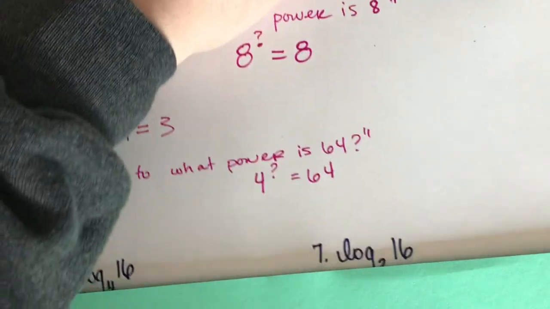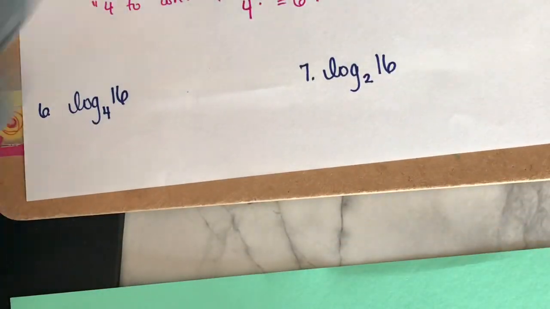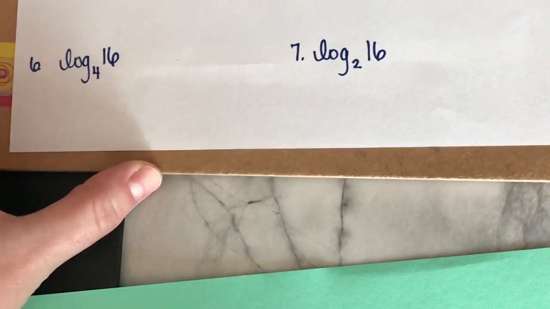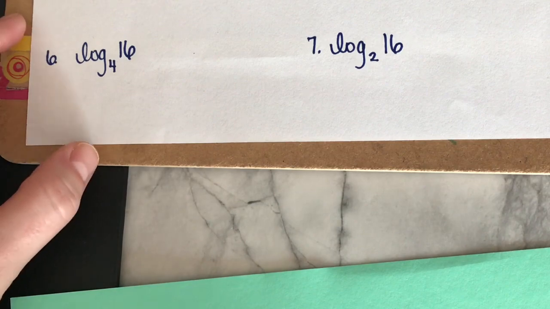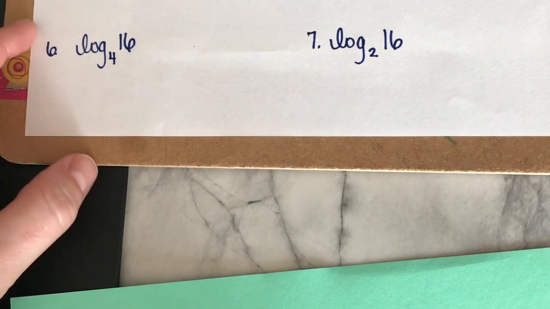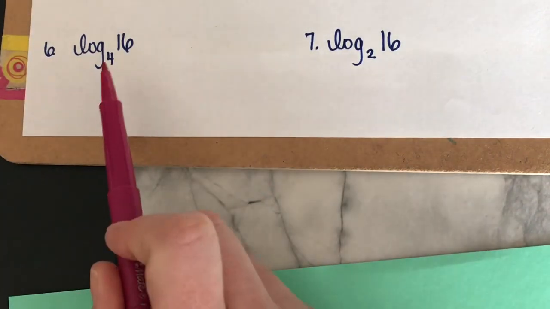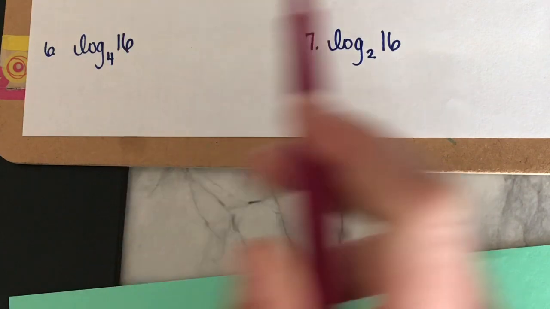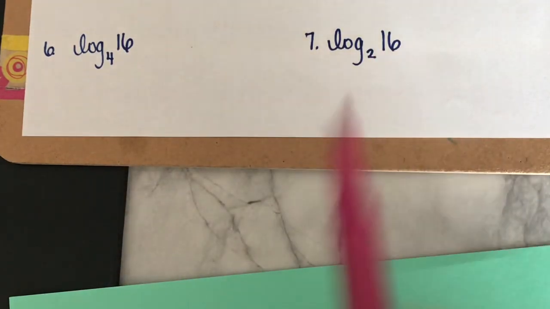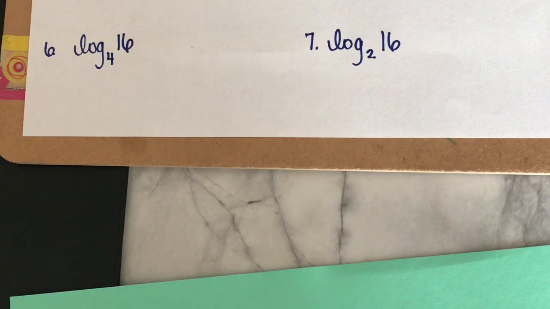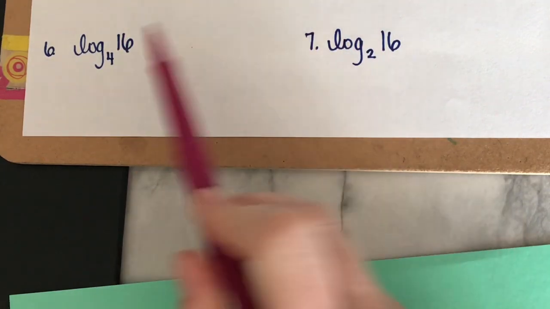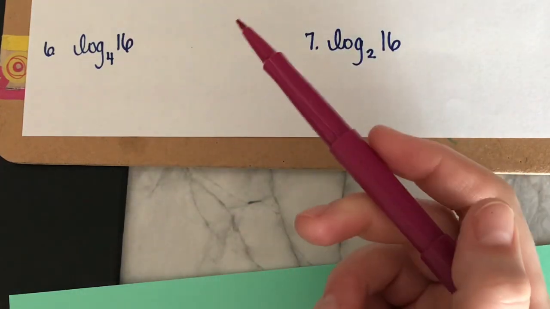Okay. Now, in these final two here, before I get on to part 2 of this, I want you guys to see this because notice I have log base 4 of 16 and log base 2 of 16. Now, when you guys are looking at these, I'm taking the log of 16 for both of them, but the bases are different.